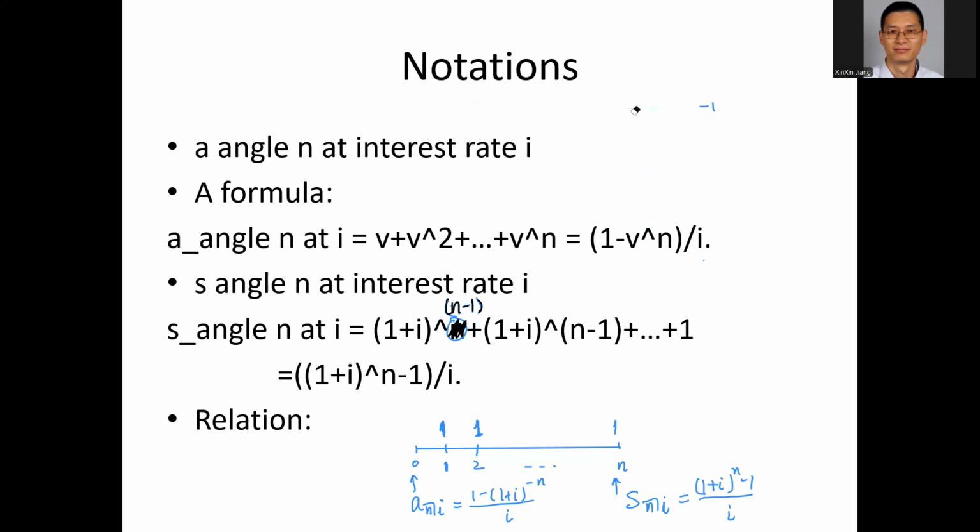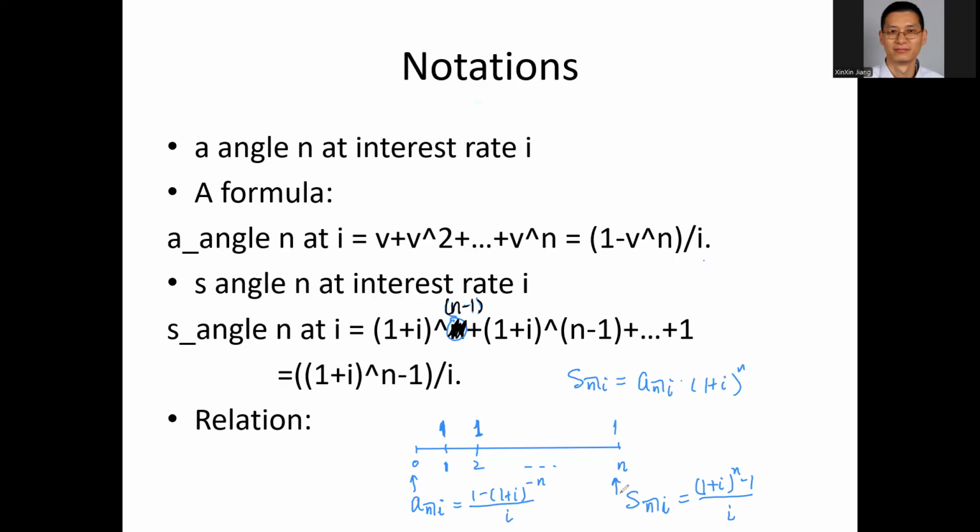So the relation between the present value and the future value is the following. S sub n angle i equals A sub n angle i times (1 plus i) to the n.